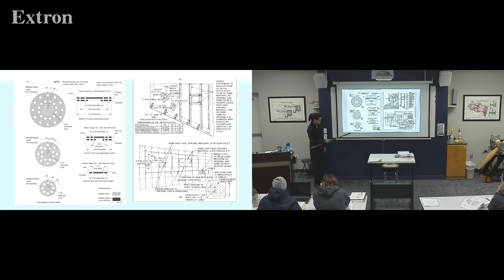So thankfully, manufacturers give you way better data, way better figures, unless you get into really old manuals. But here, it says, patch and doubler if you need it, 2024 Q4, same gauge as skin. This is a certain area of the aircraft. And MS 2470 AD4 rivets for this one down here. 8 rivets required.